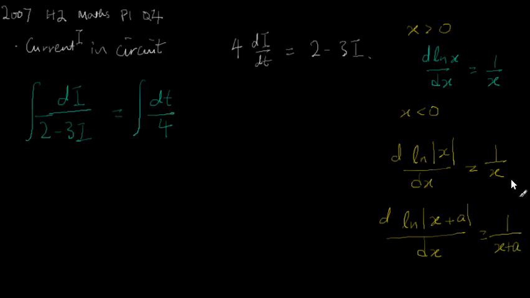Okay, so if we start from here, then when we change x to x plus a, we know that if we differentiate this, we can make use of this, but we also must use the chain rule to differentiate x plus a as well, and then multiply by this. But if we differentiate x plus a, it's just 1. So that's why we get this. Hopefully this is something that we can recall quite quickly if we need to do this question.